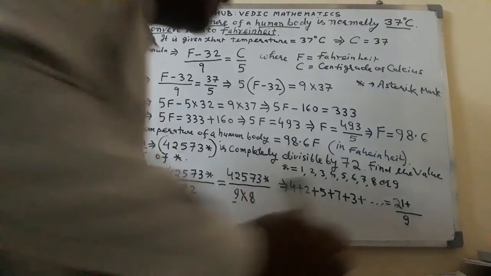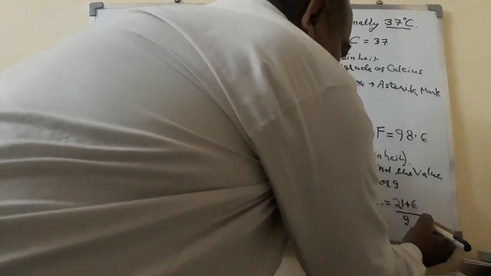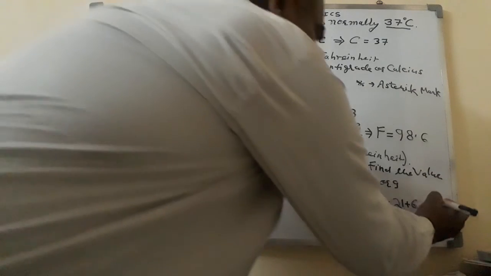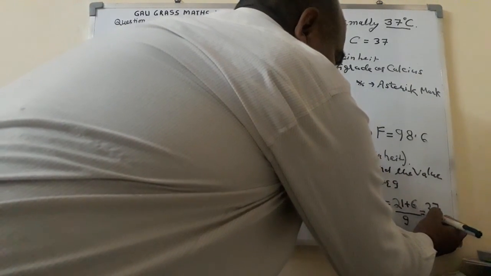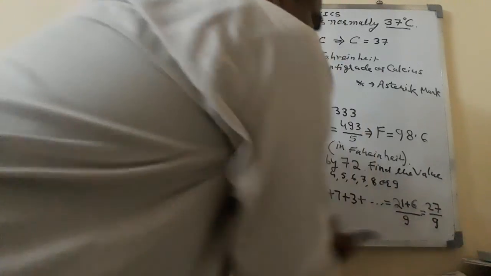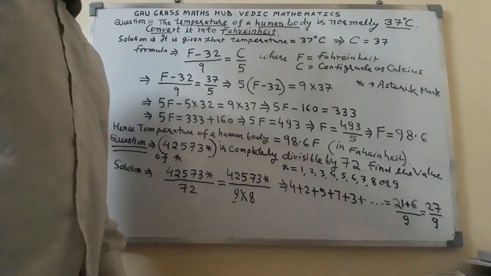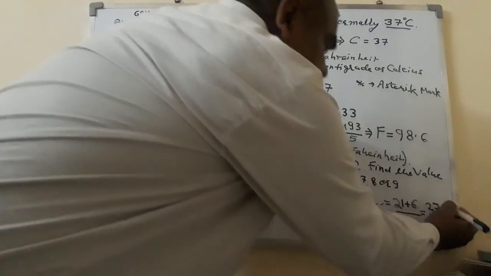If you put 6, 21 plus 6 is 27. So 27 is completely divided by 9: 9 ones are 9, 9 twos are 18, 9 threes are 27, we get 3.